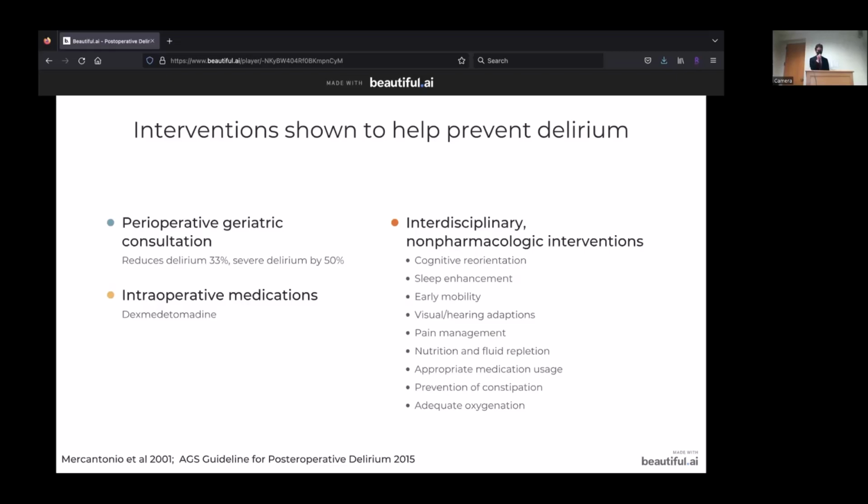And these are things like cognitive reorientation, sleep enhancement, early PT and mobility after surgery, correcting visual and hearing deficits for elderly patients, non-opiate pain management, correcting things like dehydration, appropriate medication usage and removing deliriogenic medications, and then treatment of constipation and hypoxia. So taken together, these have been shown to prevent the occurrence of perioperative delirium by about 40%.